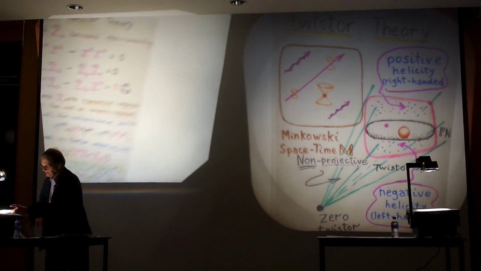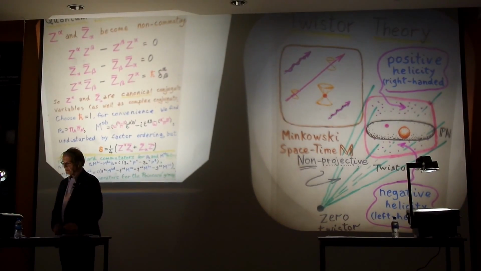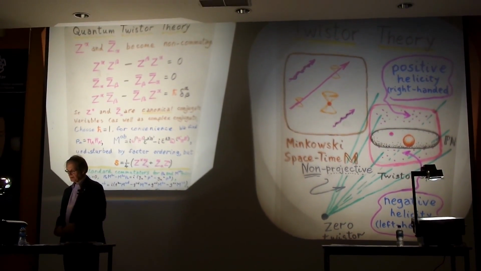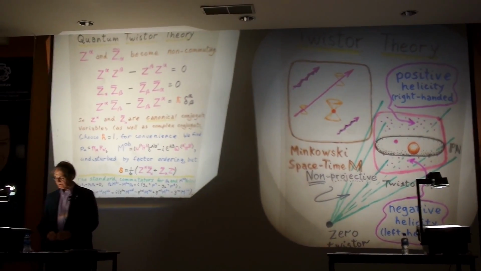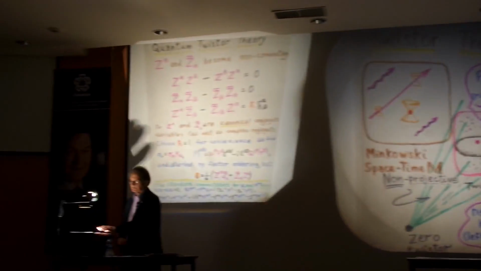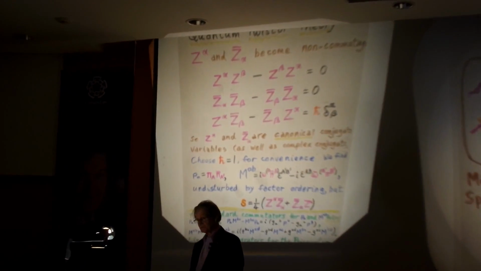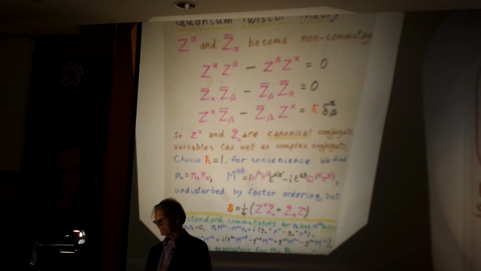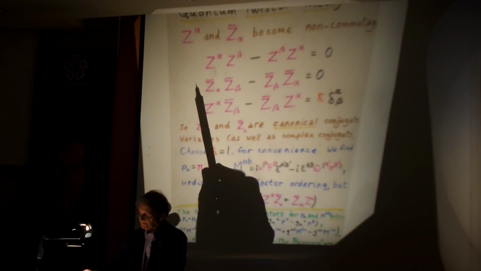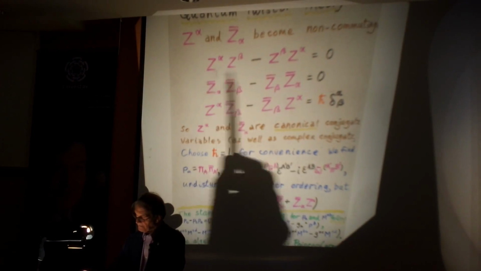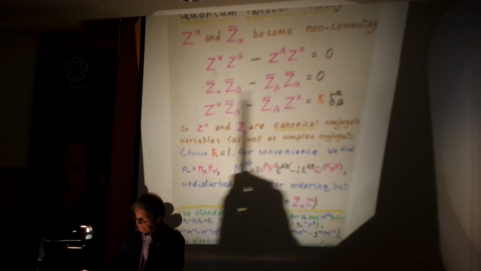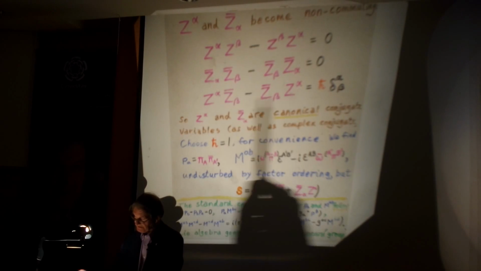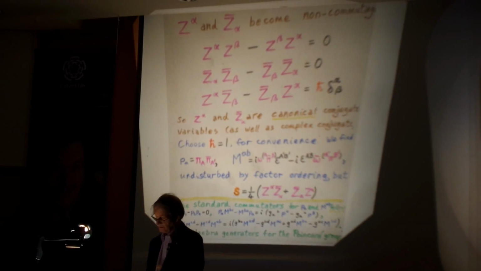Just to remind you, we have the seemingly harmless looking commutation rules which come in now and again when we're trying to do things which may have a little bit to do with quantum mechanics, but pretty classical things nevertheless. The Z's commute with themselves, Z bars commute with themselves, but Z and Z bar have a canonical commutation rule.